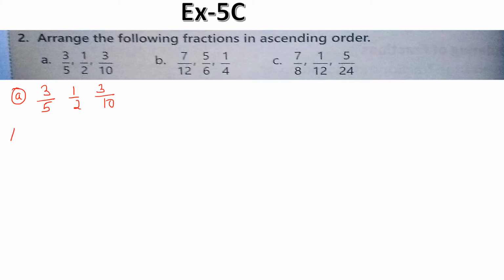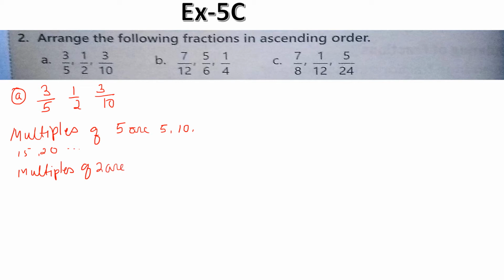Multiples of 5 are 5, 10, 15, 20. Then multiples of 2 are 2, 4, 6, 8, 10.